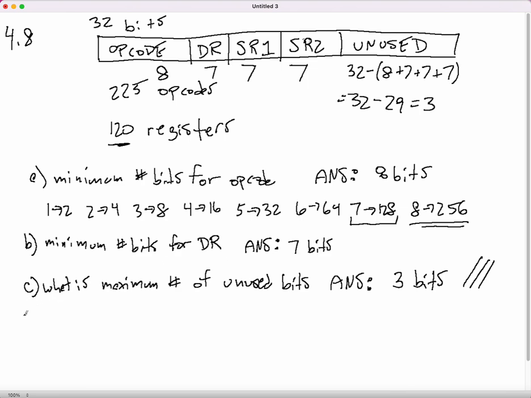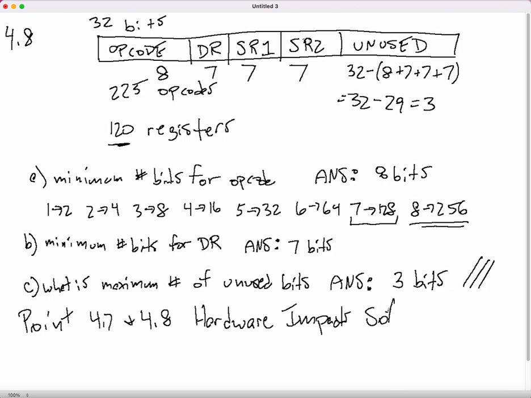The point of 4.7 and 4.8 is that hardware impacts software. And likewise, software impacts hardware.